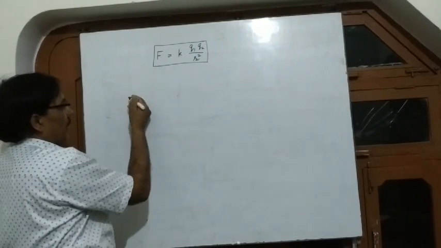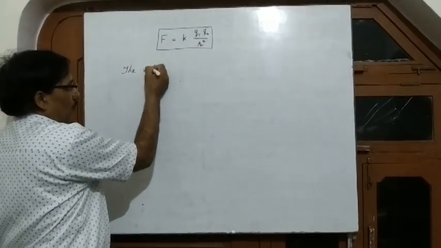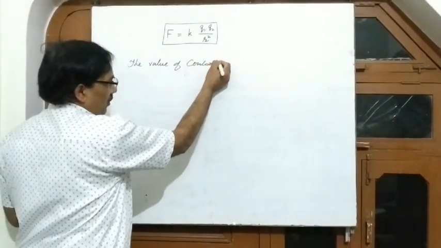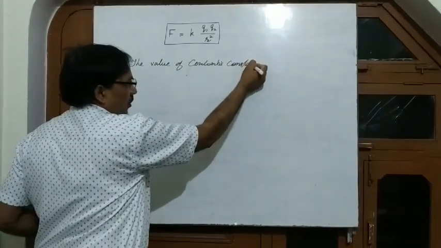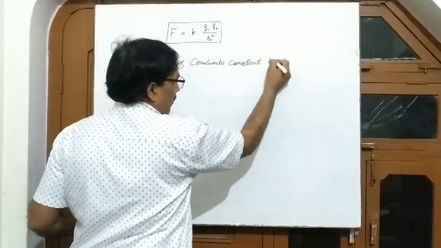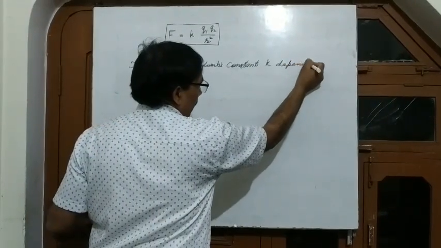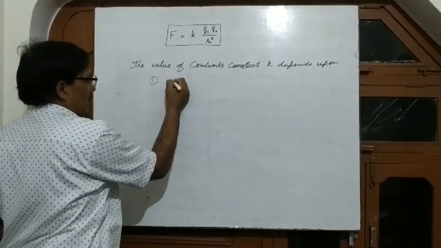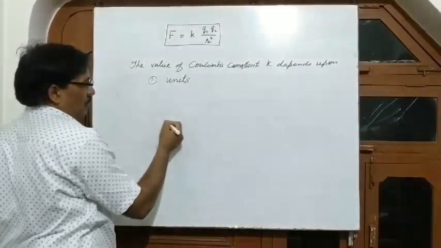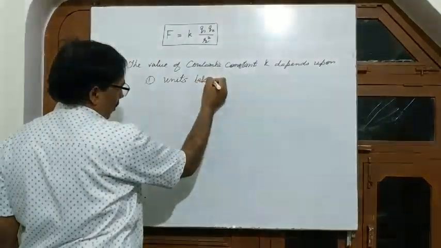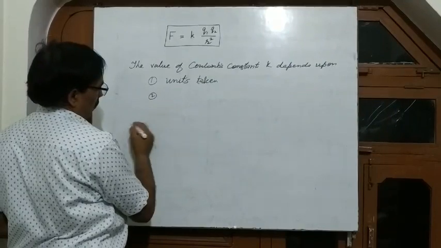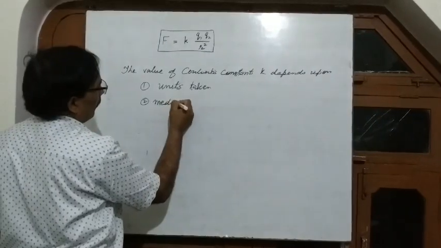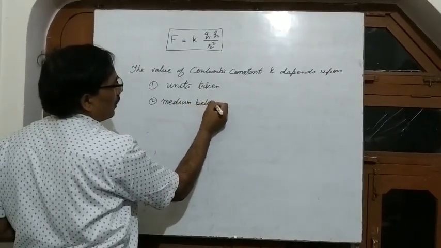The value of this constant K, the value of Coulomb's constant, depends upon number one, units taken, and number two, material medium between the two charges.